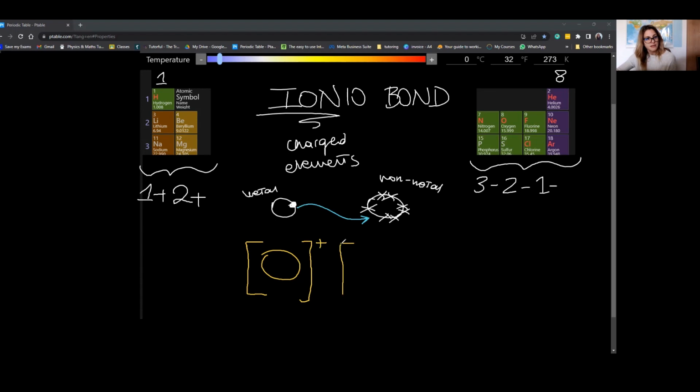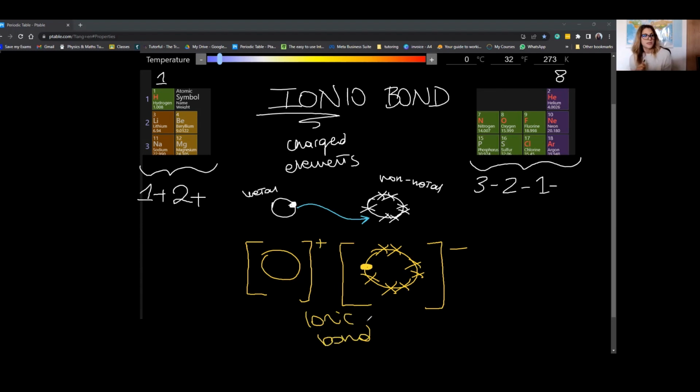While the non-metal still has all of its electrons, so it has 3 full pairs, and now this electron has been transferred to it, so it will end up having 1 lone electron, and this will get a negative charge. This is our ionic bond, okay? Because it's the electrostatic attraction between oppositely charged ions.